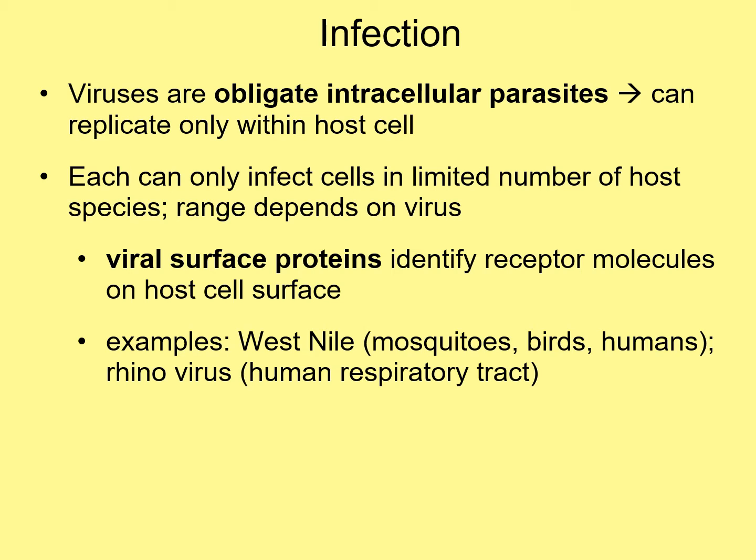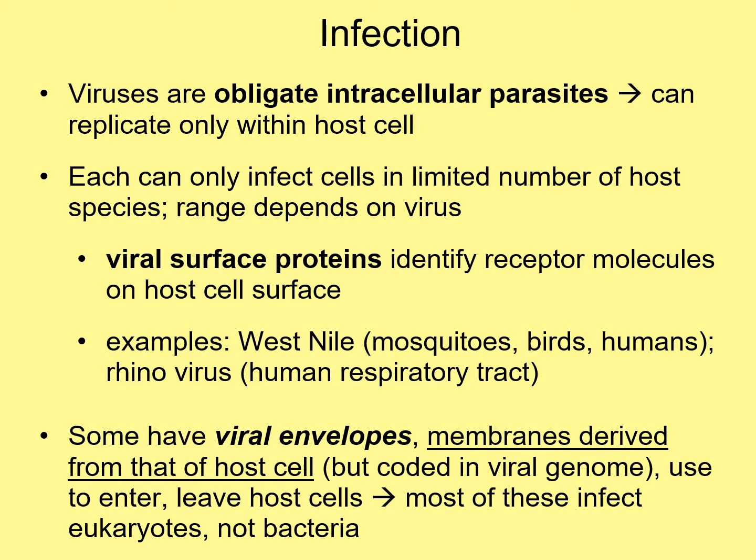But it infects basically birds and humans. It's been known to infect some other mammals and predominantly some other bird species. The rhinovirus, for example, pretty much just infects our respiratory tract, so it's specific to people. And quite often other species have their own version of those kinds of viruses.